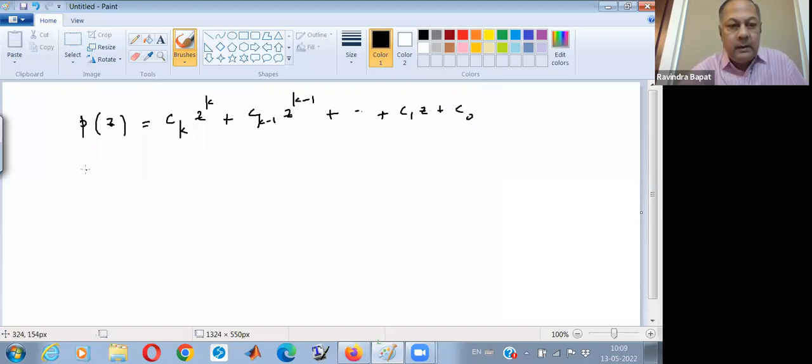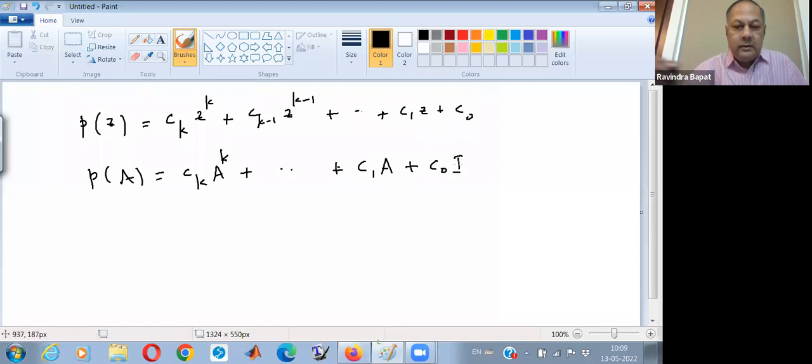So suppose you have a square matrix A, then I can just substitute A to the powers. The only thing is when you come to the constant term, you have to put identity. That is the convention. So this becomes a matrix polynomial. So it's a matrix.